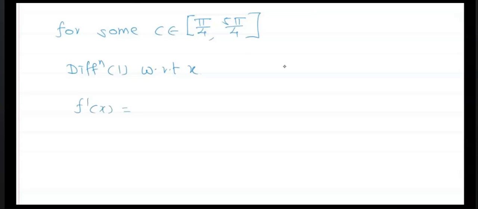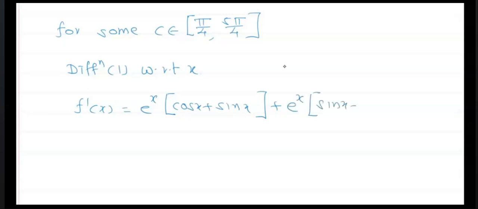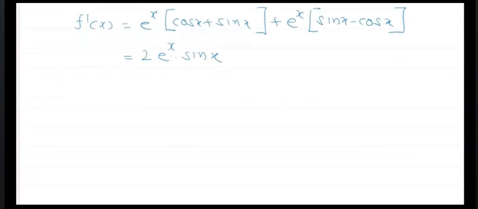Now differentiate 1 with respect to x. f dash of x is equal to e raised to x in bracket cos x plus sin x, plus sin x minus cos x into the derivative of e raised to x, which is e raised to x. If you simplify it, then you will get f dash of x is equal to 2 e raised to x into sin x.